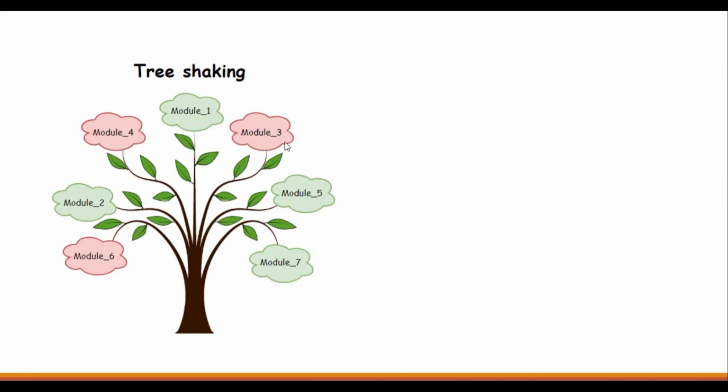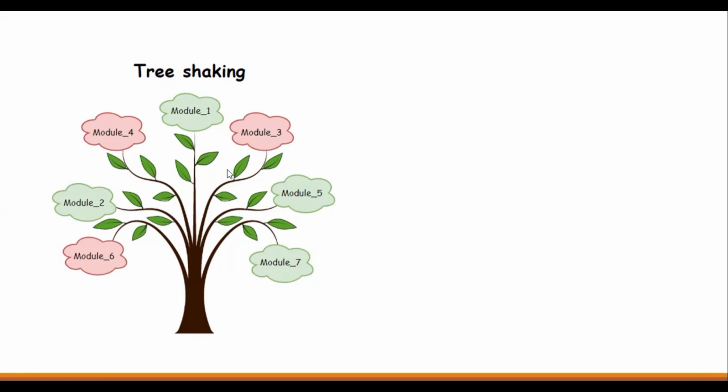But if you look at modules 3, 4, and 6, those are present in the code, but not actually used by our application. And when we create the final bundle, Webpack does the tree shaking. That means it throws out these unused modules and creates the final bundle with required modules only.